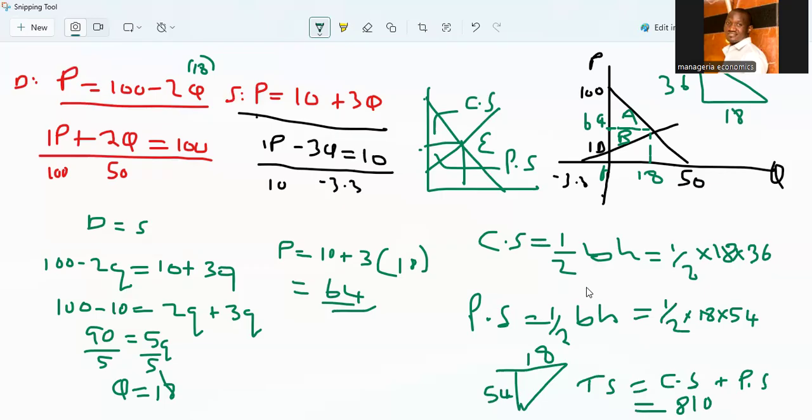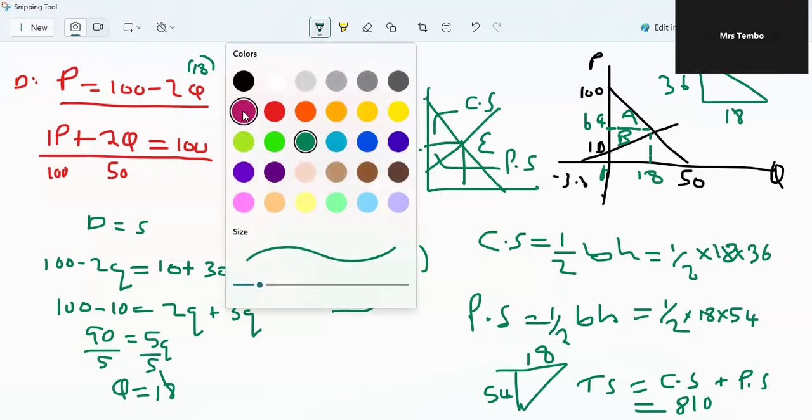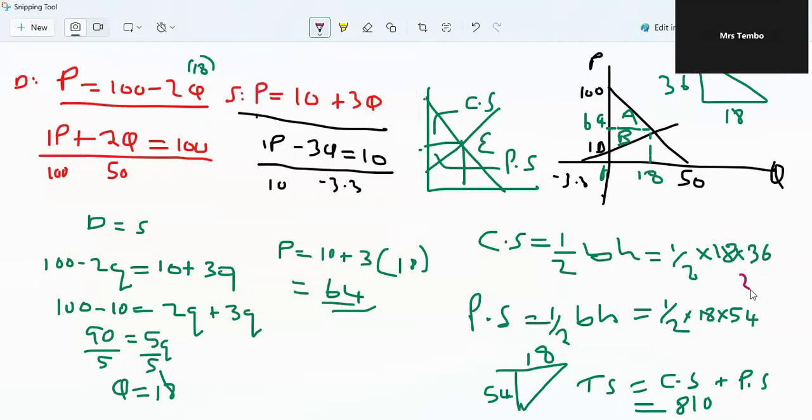What are you getting? So this will be 324 for the producer surplus? About producer surplus? 486. 486.